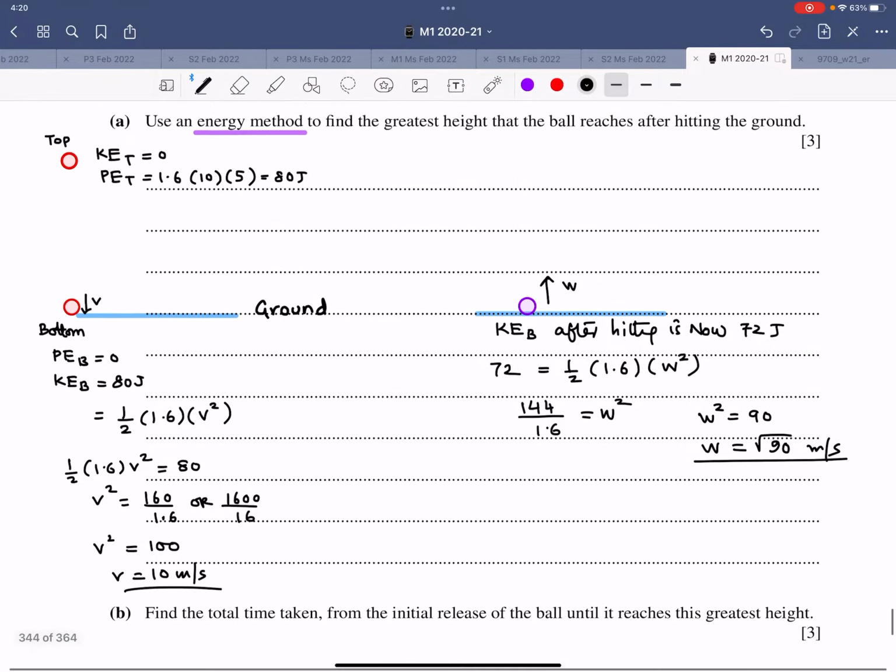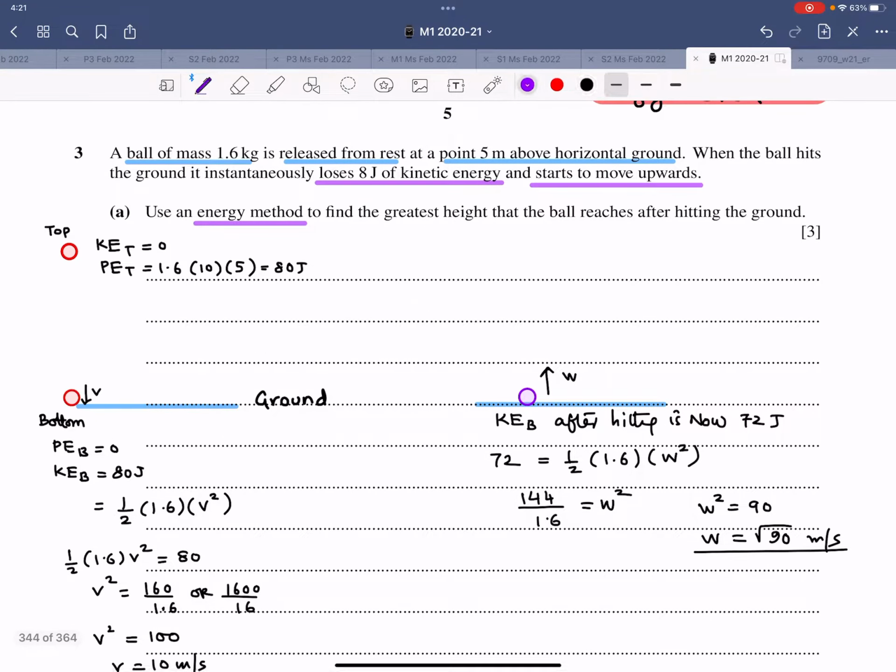Now when it reaches the maximum height, what's happening? At the maximum height, the final velocity is 0. In other words, kinetic energy is 0. Therefore, the total energy would be potential, that would be 1.6 into g into the new h.